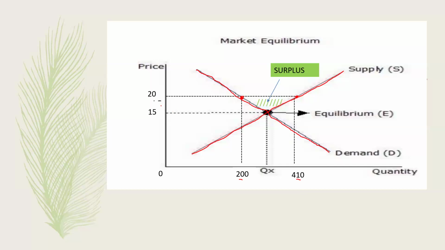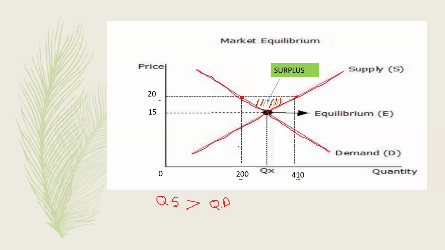But because we don't like when prices increase, we tend to decrease our demand, so there's going to be a surplus in the market. This shaded area here represents our surplus. You all know why there's going to be a surplus? Because your quantity supplied is greater than your quantity demanded.